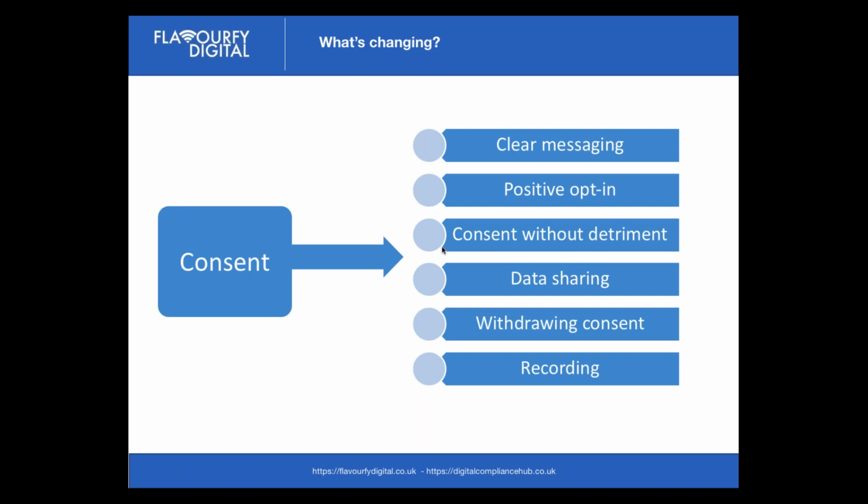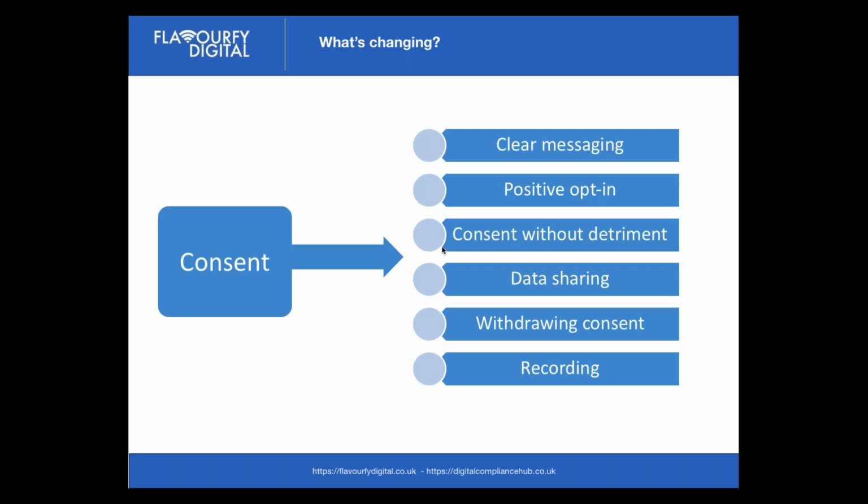And the key changes here are the first two bullets on the right hand side. Your messaging has to be clear and very transparent, and explain very clearly what the purpose is for collecting the consent and the data that you're going to be processing, and what you're going to do with that data. And you need to ensure that the data subject is taking a positive action to give you that consent.